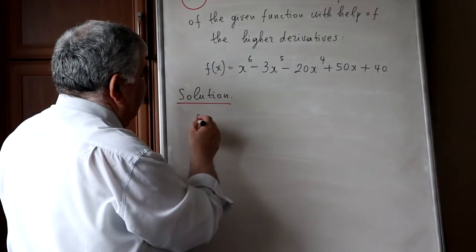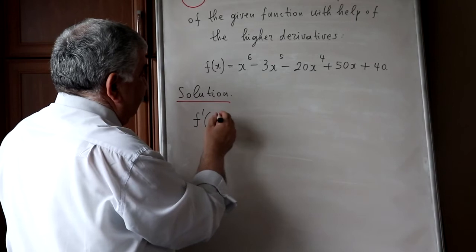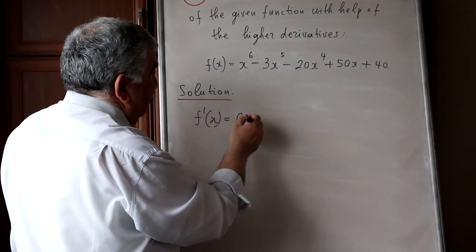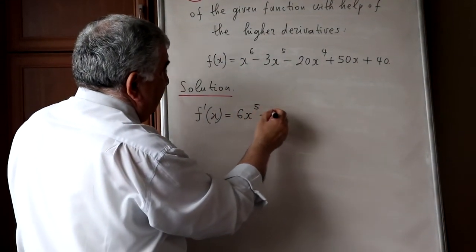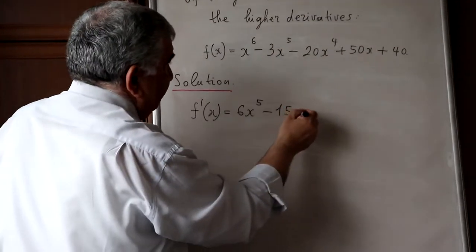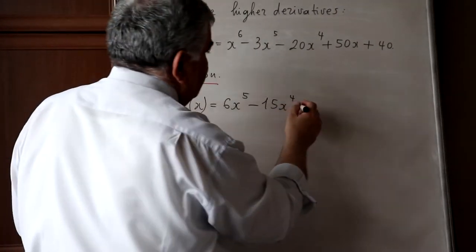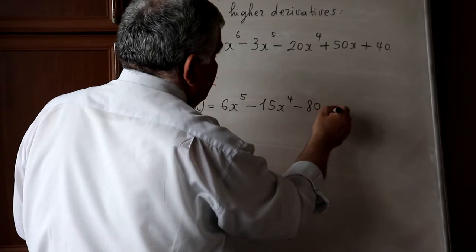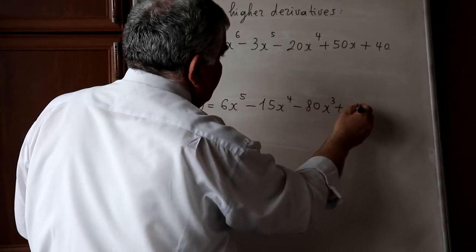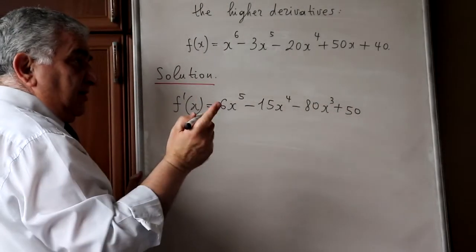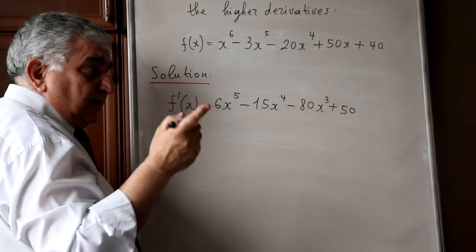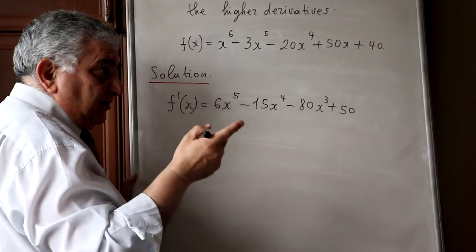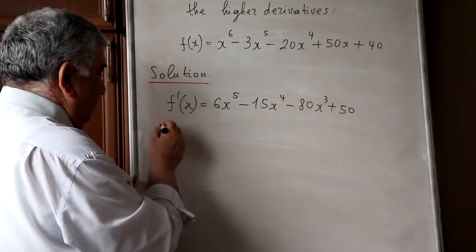First find the first derivative. f prime of x is 6x to 5 minus 15x to 4 minus 80x cubed plus 50.